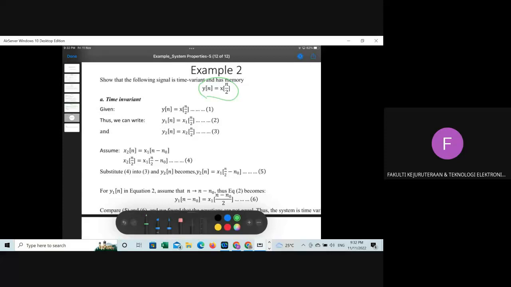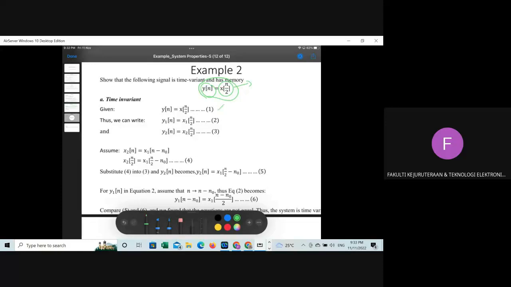Also for linearity, you use the same steps, no different at all, just follow the steps. In this case, the signal is discrete, the system is discrete, because this is the output and this is the input. So the relationship between output and input is the system, right? So just follow the same steps.